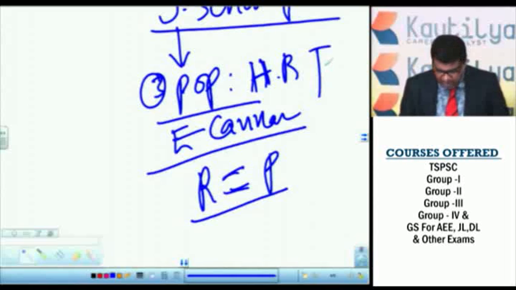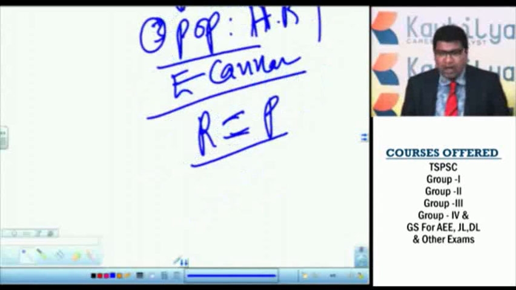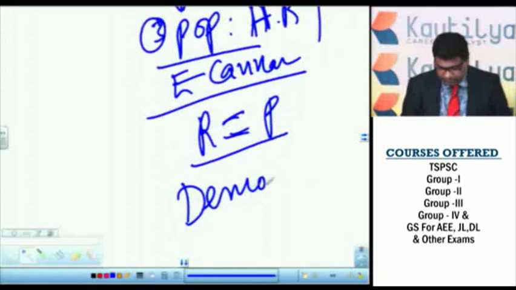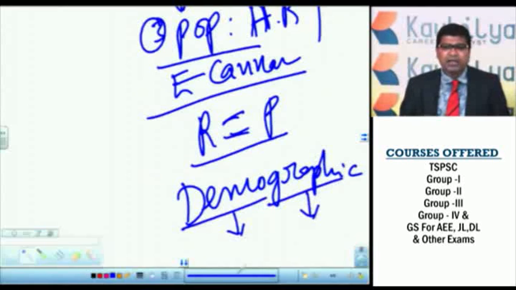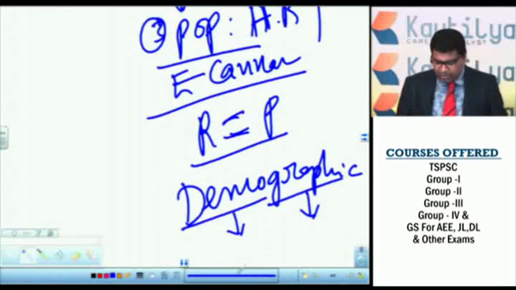Since you are taking population as human resource, it will definitely improve the productivity level of the economy. This question was asked in the 2011 preliminary examination: What is demographic dividend? Demo means people, graphy means study, so scientific study of the population is demography.